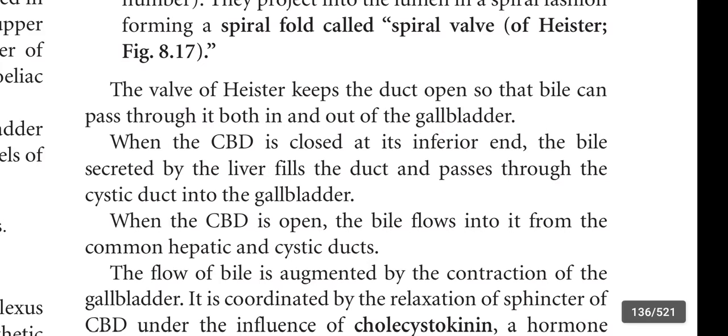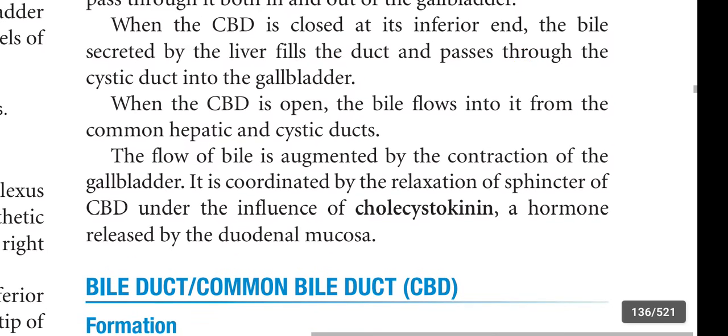When the common bile duct is open, the bile flows into it from the common hepatic and cystic ducts. The flow of bile is augmented by the contraction of the gallbladder.